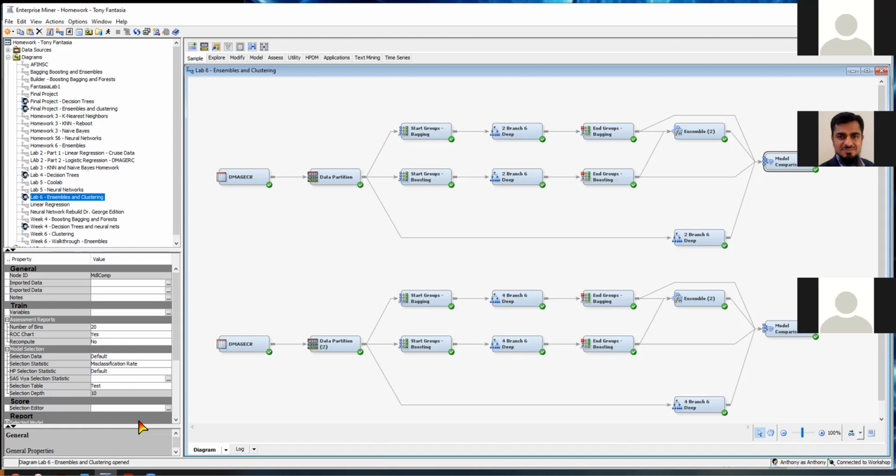Because I think I copied from the walkthrough. So are we supposed to use misclassification rate? Yes, as far as I understood, I didn't see anything in the walkthrough instructions, but I'll bring that down just in case. Week 6.